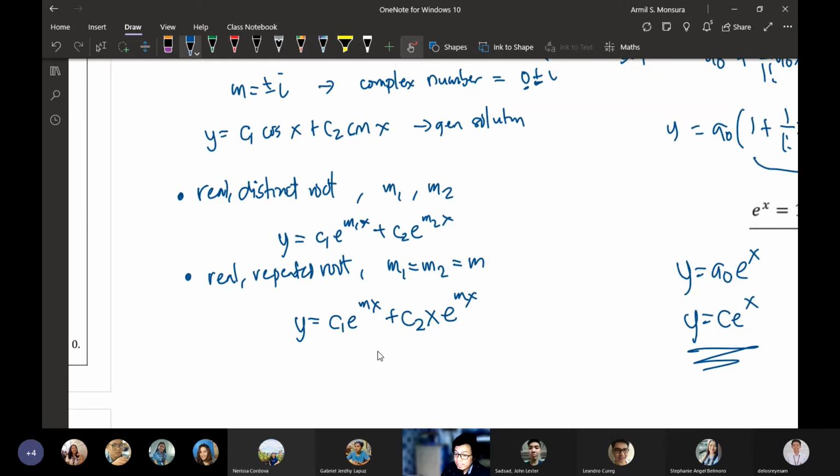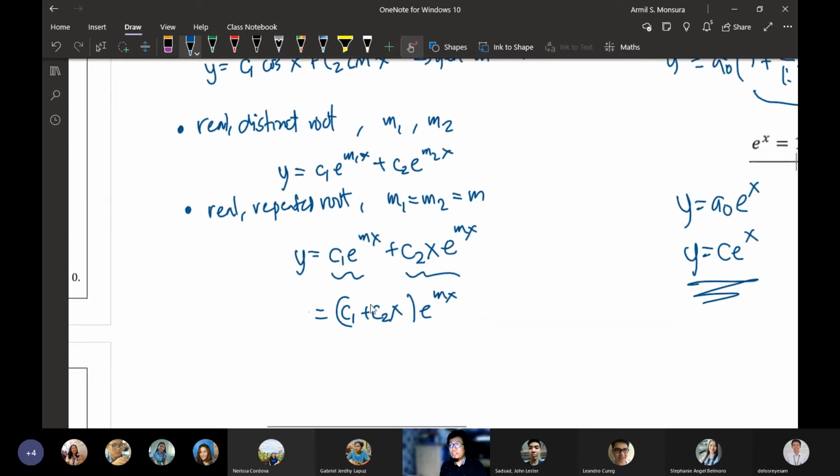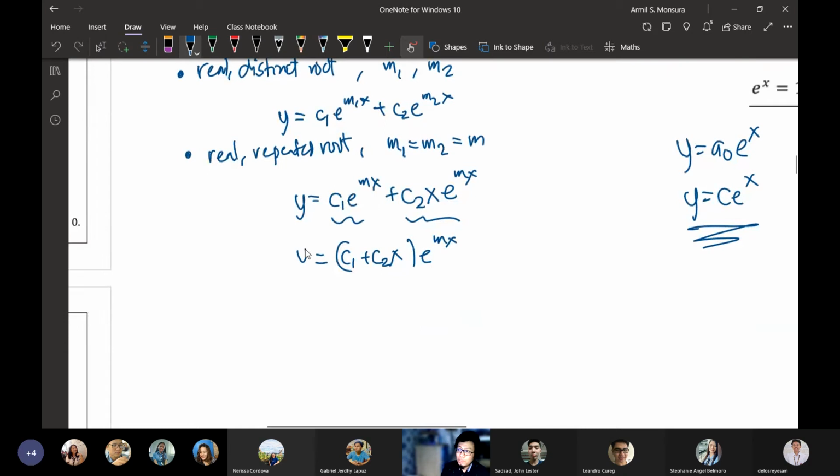You call these terms linearly independent, if you remember what you studied in DE. That is why I have an x multiplier here, to make them linearly independent of each other. Or you may write it as C1 plus C2x times e raised to mx. That is your repeated root rule.